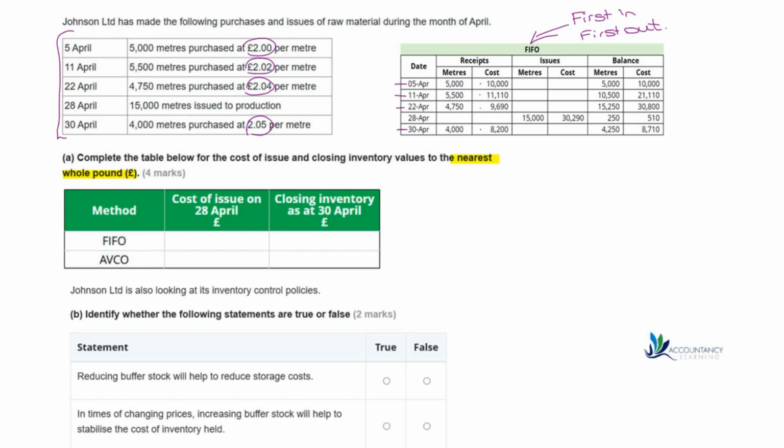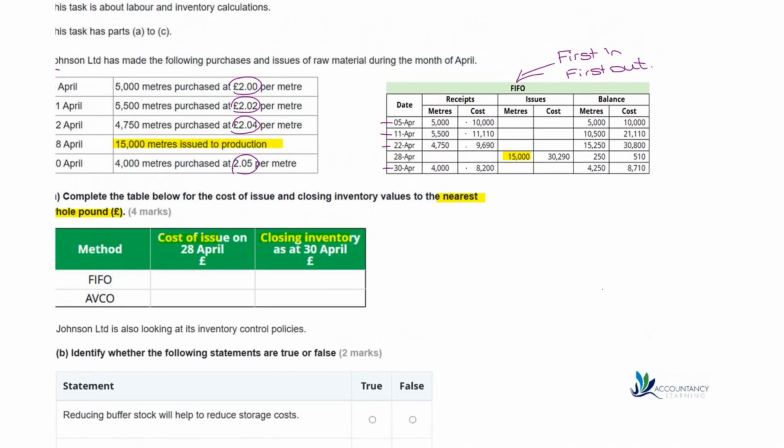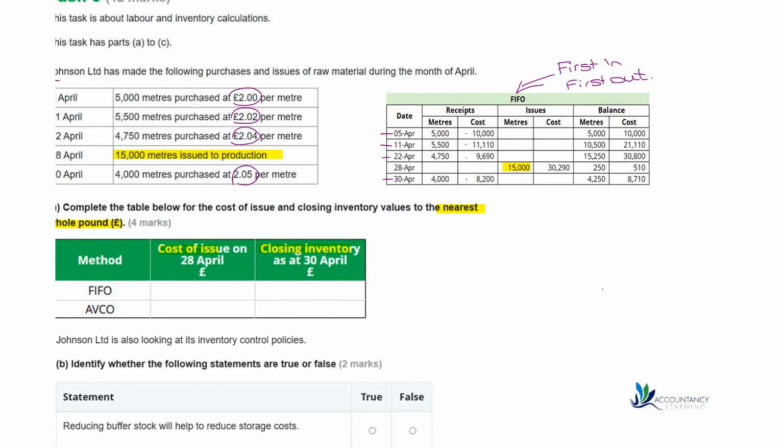Now for the issue, we've got this issue here of 15,000 metres on the 28th of April. Now this is what we're going to have to work out, is we need the cost of the issue and the closing inventory. So you can see I've got a figure in here in cost, so let's have a look at how I've reached that figure. So first in, first out means we are going to take from the oldest stock first.